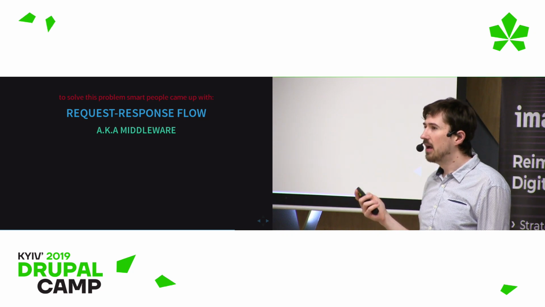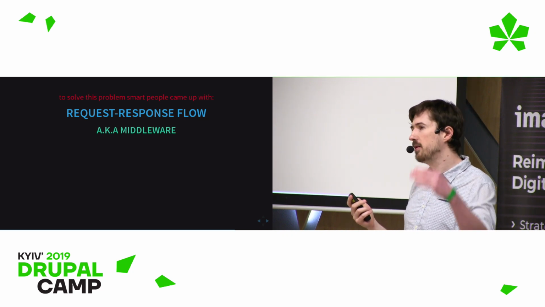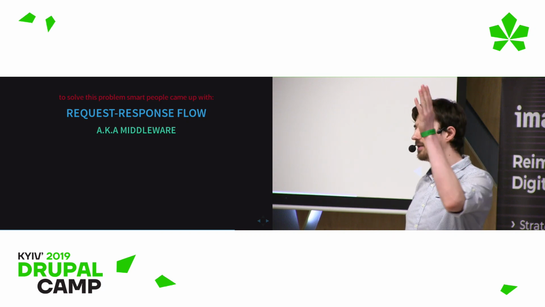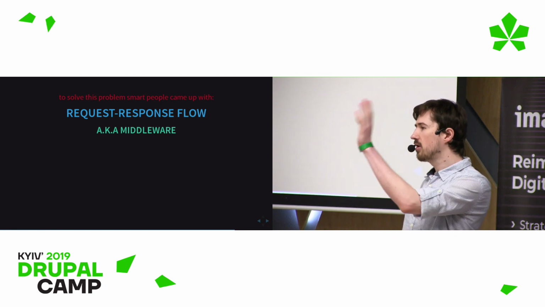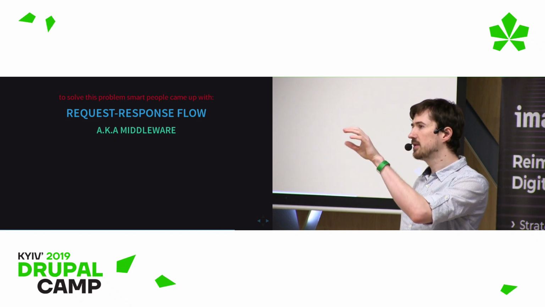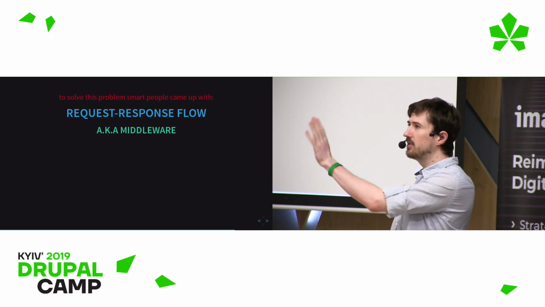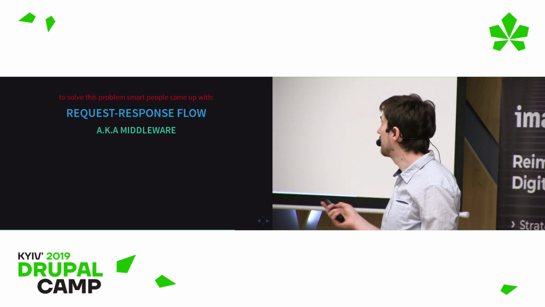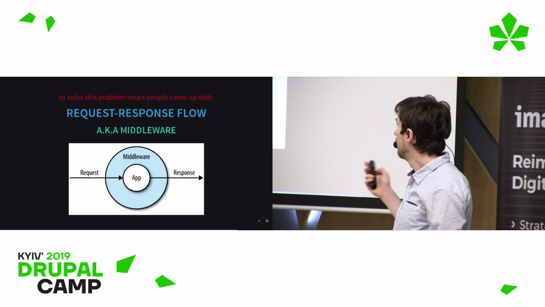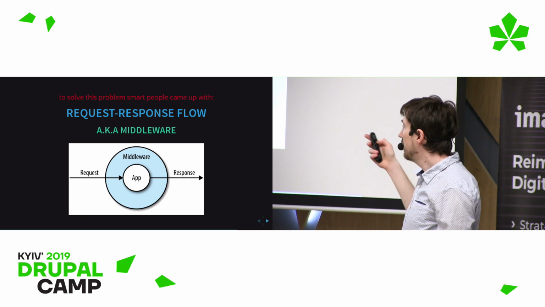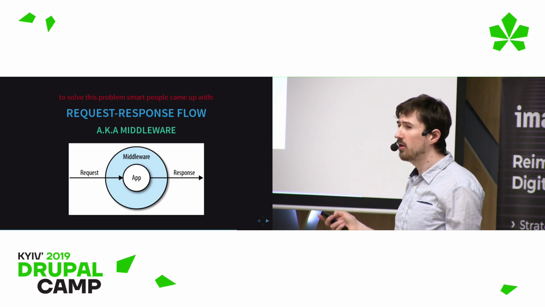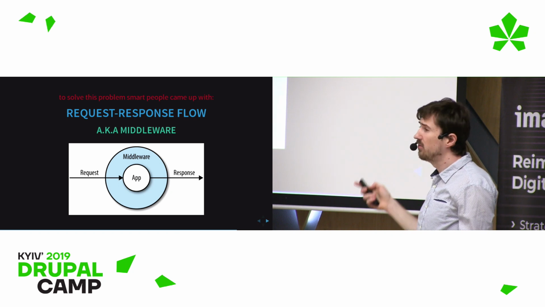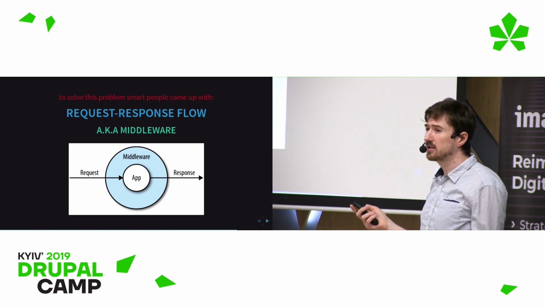Smart people understood that we have some flow when a user sends a request: one component processes the request, a second component processes the request, a third component creates the response, the next component processes the response, and the last component does something with the response and returns it to the user. So we call it middleware. We have the request, we have the response, we have some application code like a simple controller, and we have a lot of middlewares. So middlewares, it's cache middlewares.